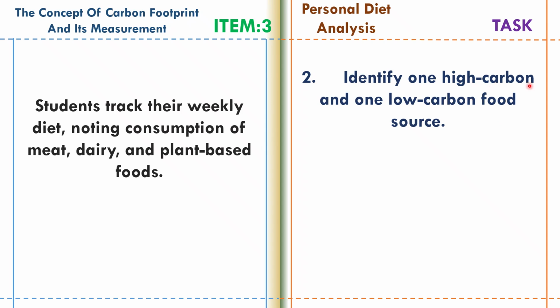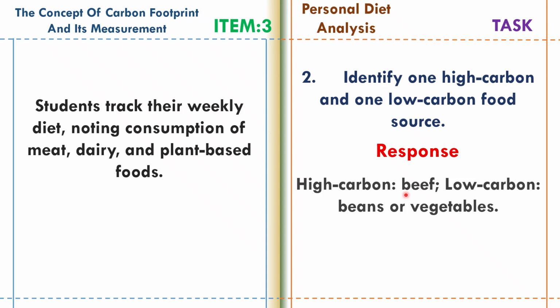Identify one high carbon and one low carbon food source. High carbon, we have beef. Low carbon, we have beans or vegetables.